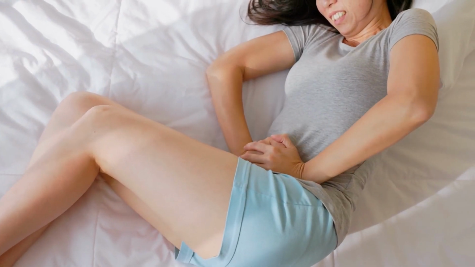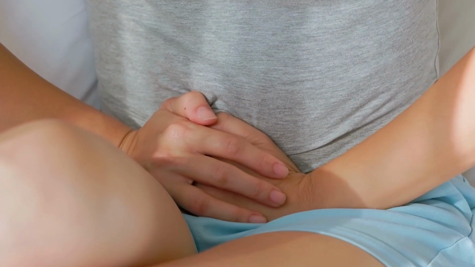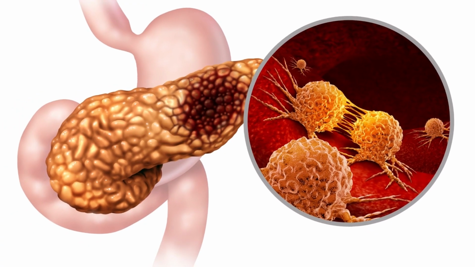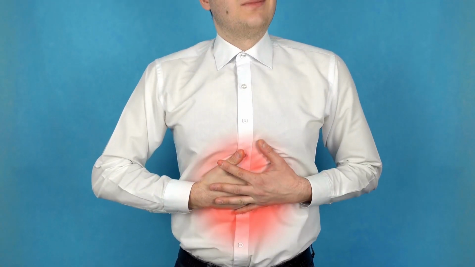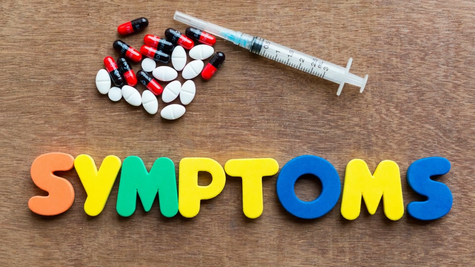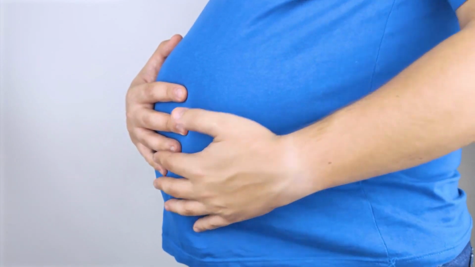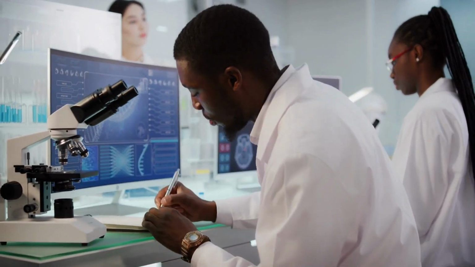Another critical side effect to be aware of is pancreatitis. It's an inflammation of the pancreas, which plays an essential role in digestion and insulin regulation. Symptoms like abdominal pain, nausea, or bloating should be taken seriously and brought to your doctor's attention.